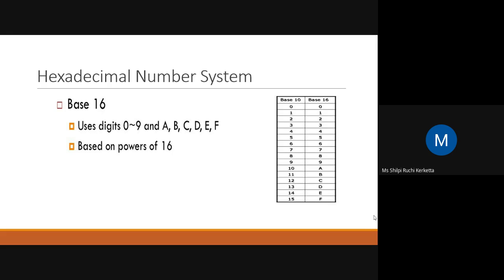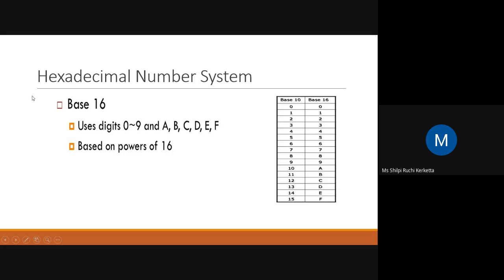Like that, we use hexadecimal numbers to make a very big binary number into a small number. We will study how we make a big binary number into a hexadecimal number.